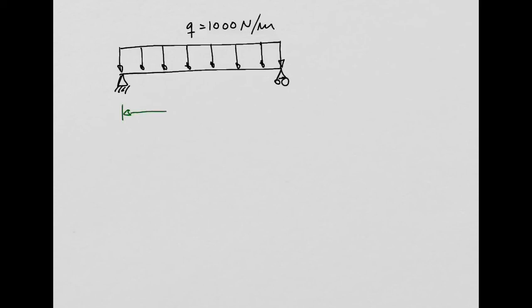The length of the beam is 1 meter. This is my x-axis, this is my y-axis. What is also given is the flexural stiffness EI equal to 1000 Newton times meter squared.